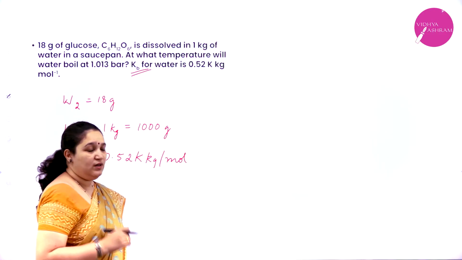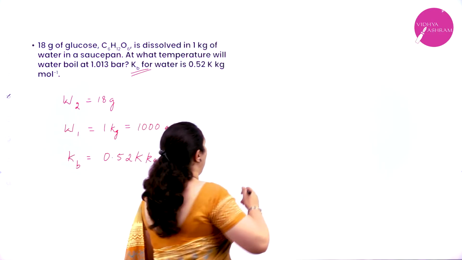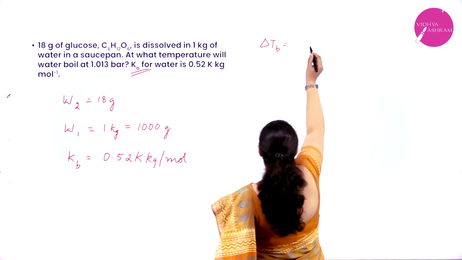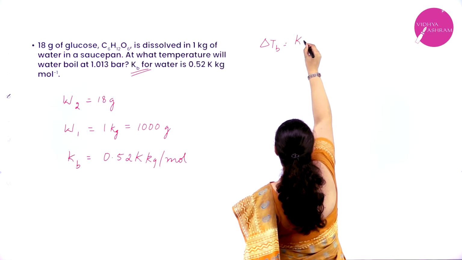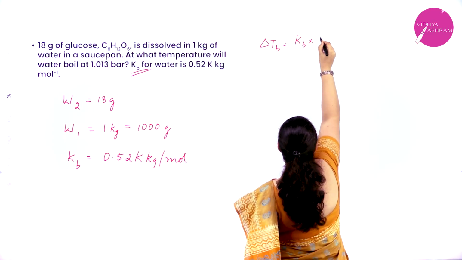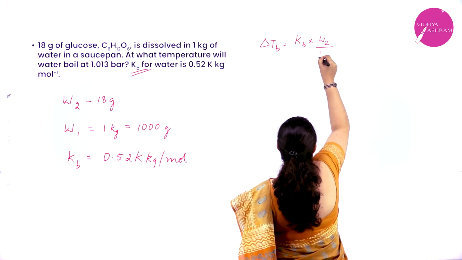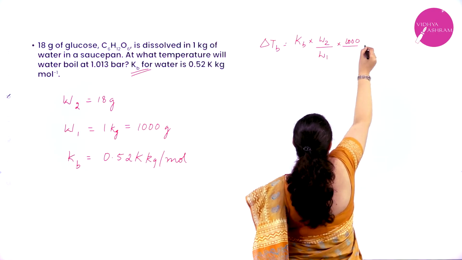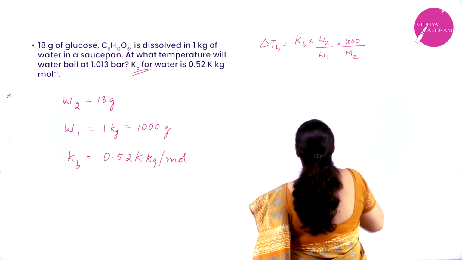Okay, so here I'll write the formula for you all. Delta Tb is equal to Kb into W2 by W1 into 1000 by M2.